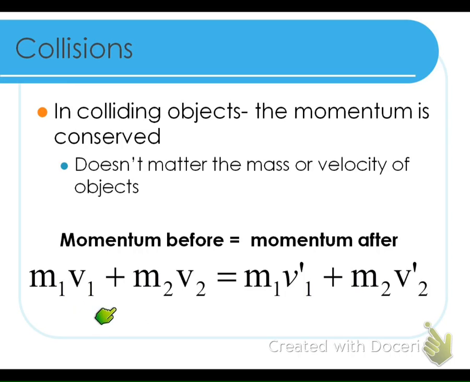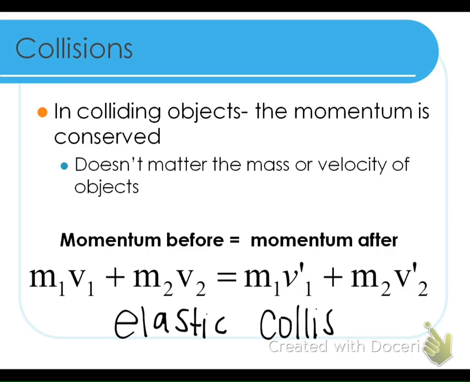This equation right here is for elastic collisions. These are things that hit and rebound off each other or bounce back. What it's saying here is that the mass of the first object times the velocity of the first object, so the momentum of the first object, plus the momentum of the second object will equal the momentum of the first object after the collision.